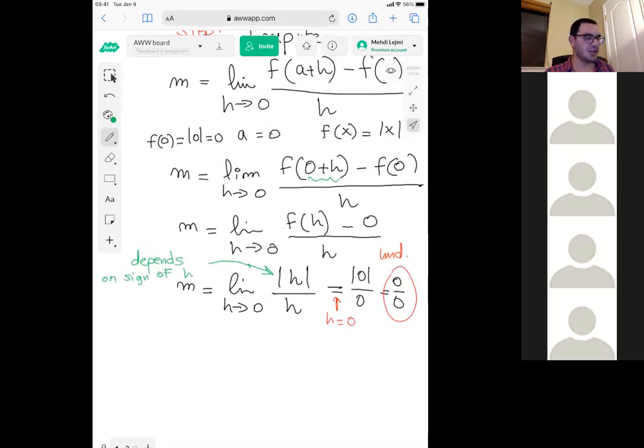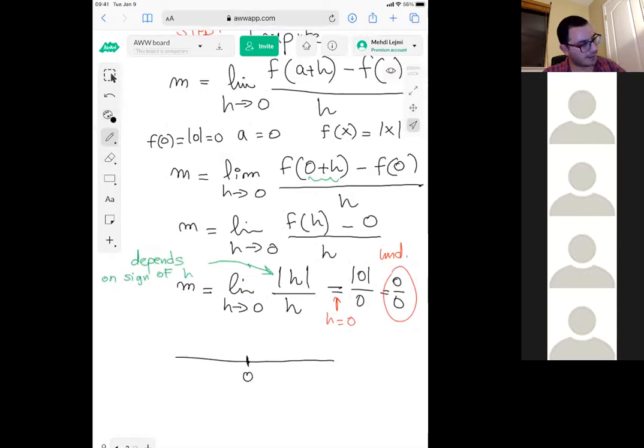So now the question is: is h positive or h negative? h is going to 0. Wouldn't the opposite be negative h? No, actually, not really. You say h is going to 0, so you are here on the number line. Here's 0.